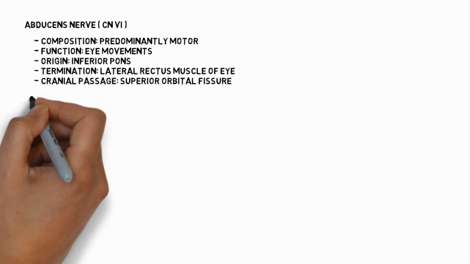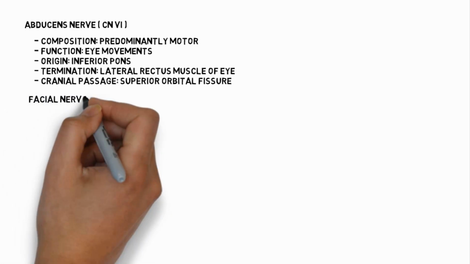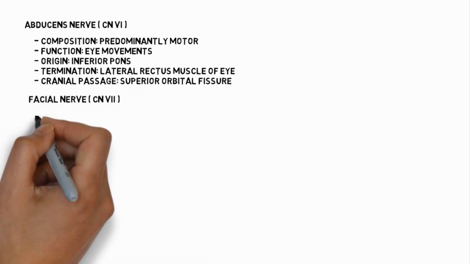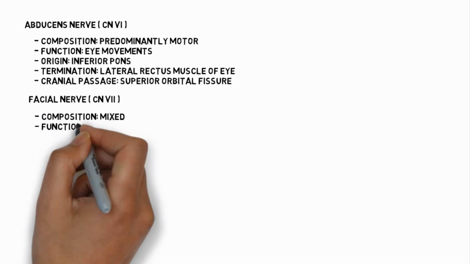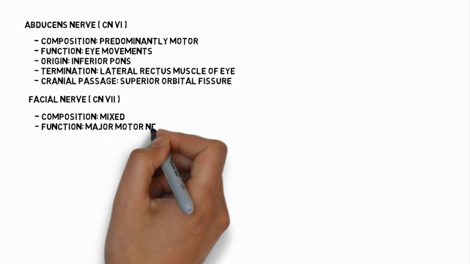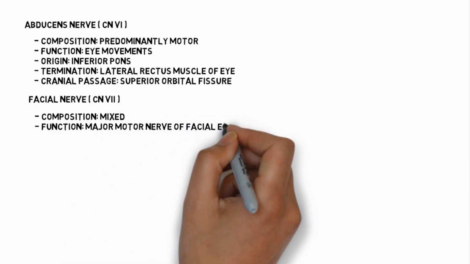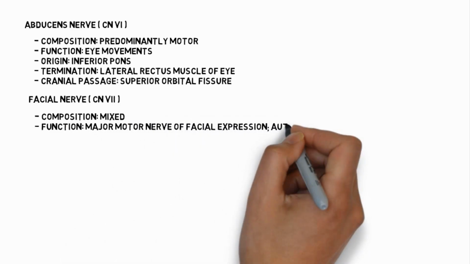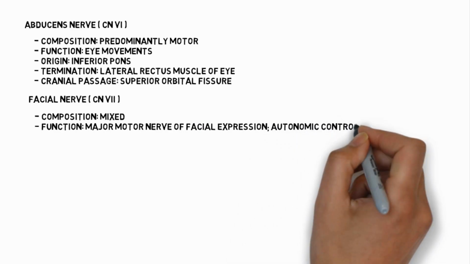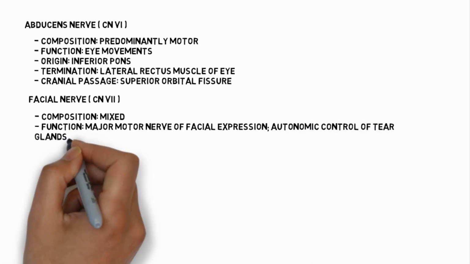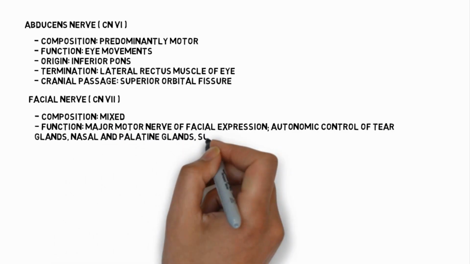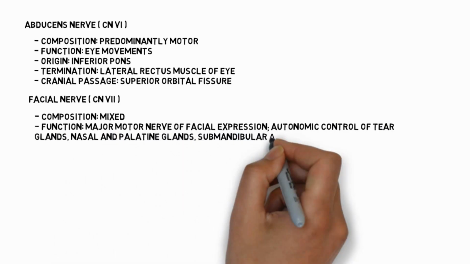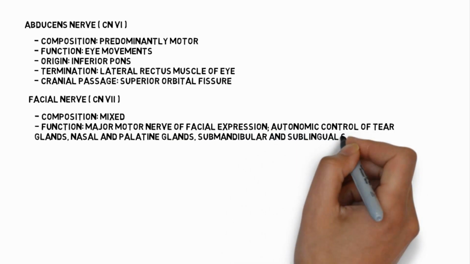Next is seventh cranial nerve, that is facial nerve. It is a mixed nerve which consists both sensory and motor nerve, but predominantly motor. Coming to the functions, it supplies motor nerve fibers to facial expression muscles and secretomotor nerve fibers to lacrimal glands and salivary glands.